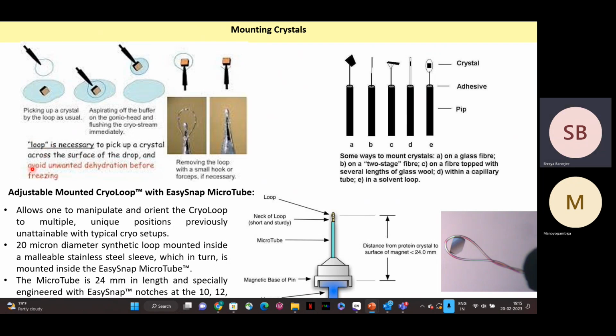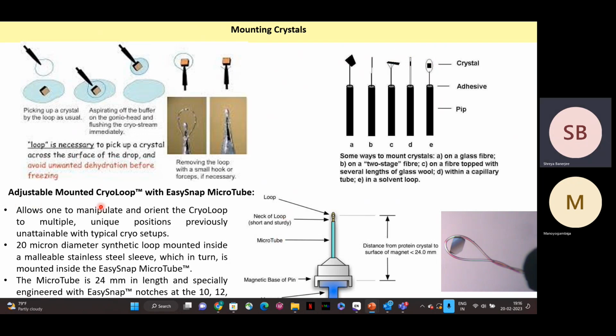And this loop is very necessary because without the loop, unwanted dehydration of the crystal can occur. Other than loop, there are different ways to mount crystals. This is called a glass fiber, or a two-stage fiber, or a fiber topped with lengths of glass wool. It can even be mounted within a capillary tube. But the most common method is called the solvent loop.